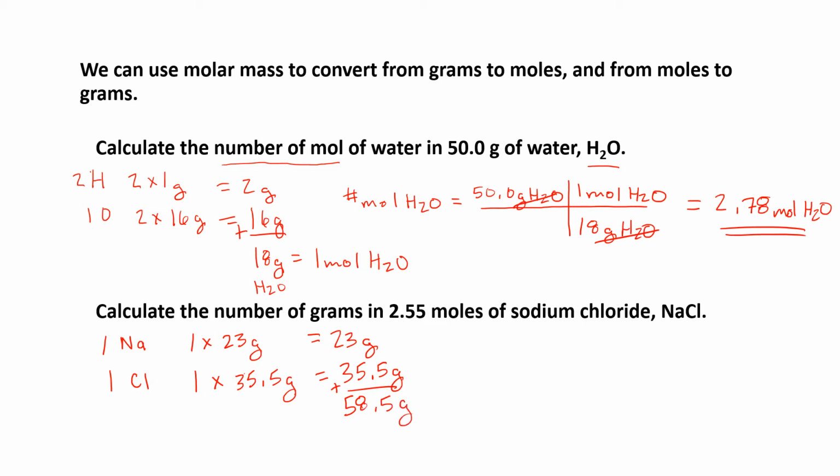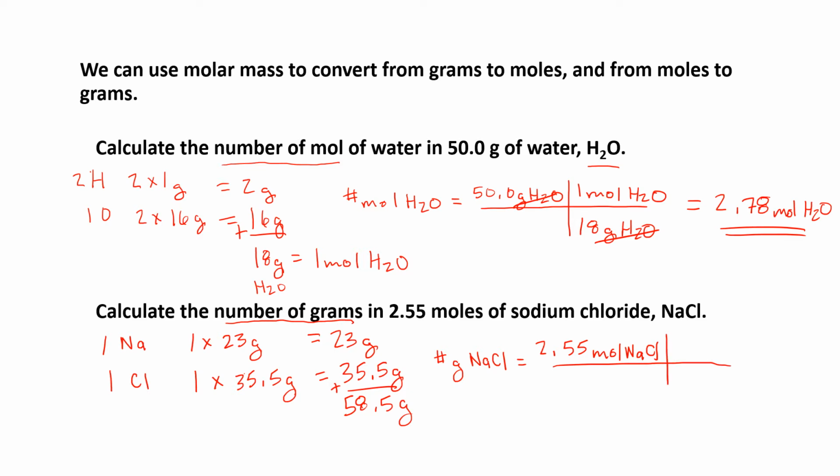So I'm looking for the number of grams here, right? And they give me 2.55 moles, so I say, okay, the number of grams of NaCl is simply going to equal 2.55 moles of NaCl.